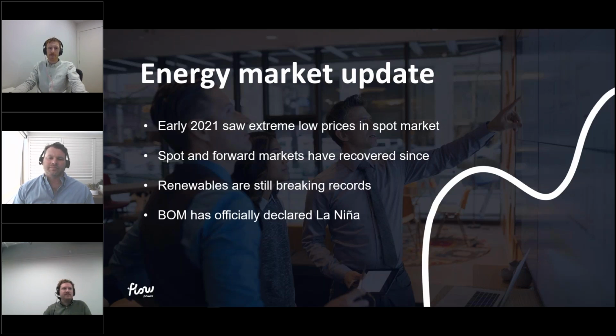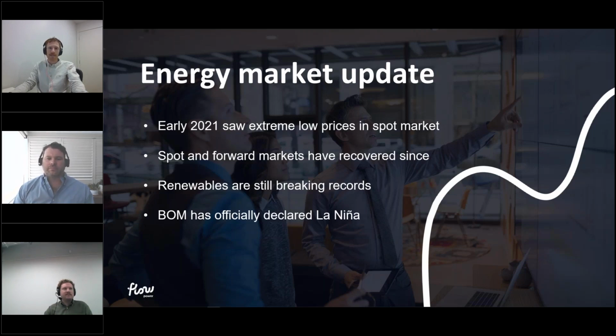We've swung from long-term low spot prices and contract prices in Q1 after a mild and very nicely renewable-backed summer. That delivered very soft spot prices during January, February, March of this year across all states.